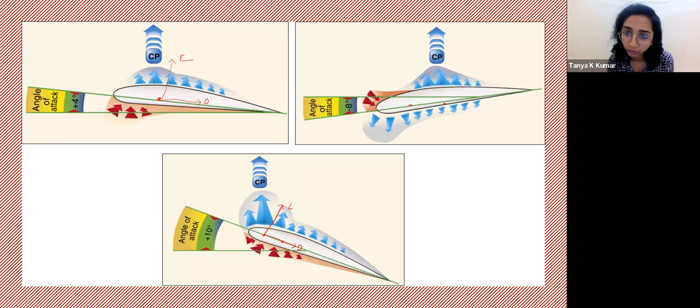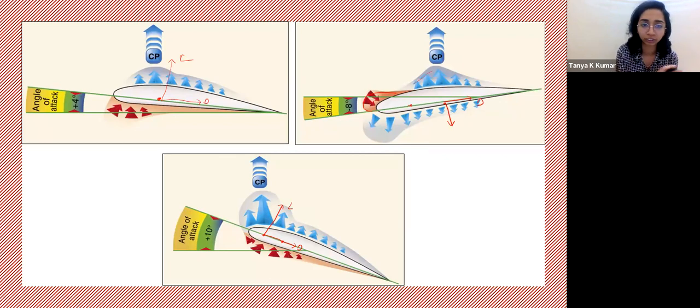There is also a positive quantity here, denoted in red, which generates a reduction in lift. So there is a net force downward. I cannot say lift, there is a force downward. Okay. Is that clear now?